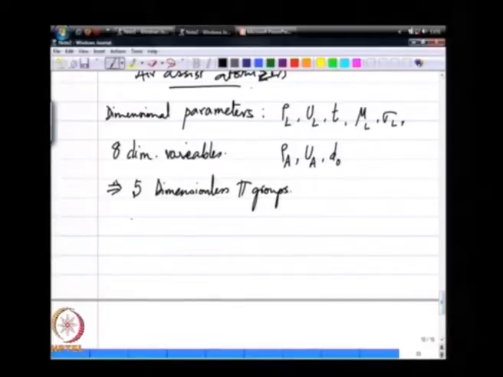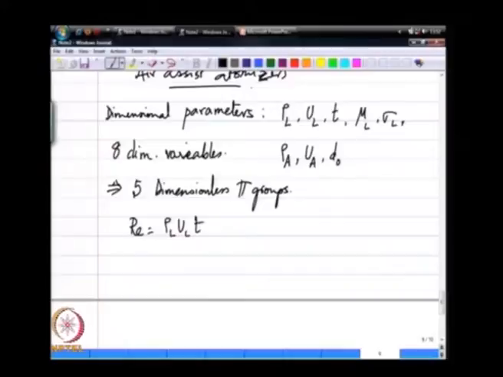So, I am going to write down the ones that people have shown to have a relevance. The first one is of course the Reynolds number, and we will make it simple and define this based on D0.